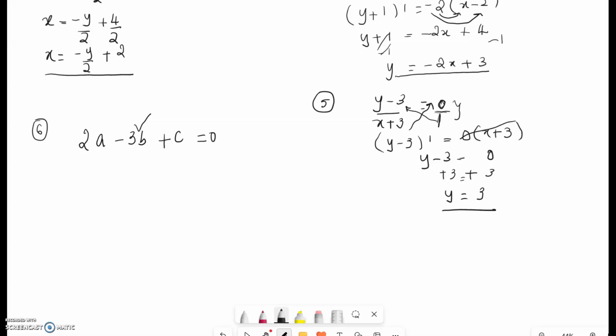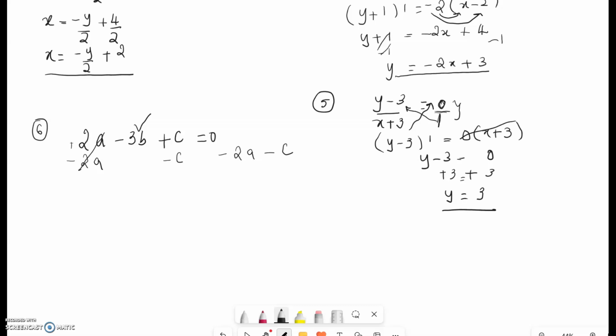It could be on the left or right, but let's say I want to keep it on the left, which means I need to get rid of all the other terms and move it to the right. So if I want to get rid of the plus 2a, I need to subtract 2a. I want to get rid of the plus c, I need to subtract c. But I have to do this on both sides. I subtract 2a on both sides, I subtract c on both sides.